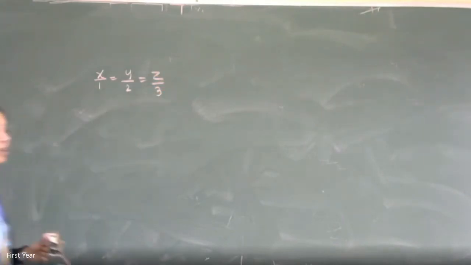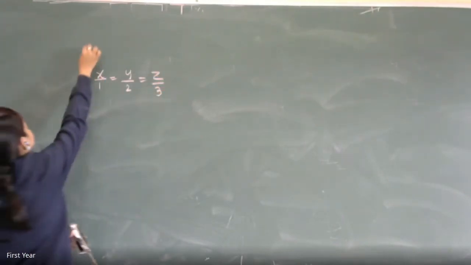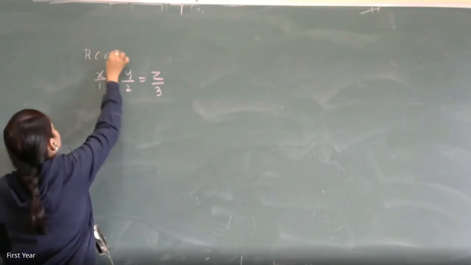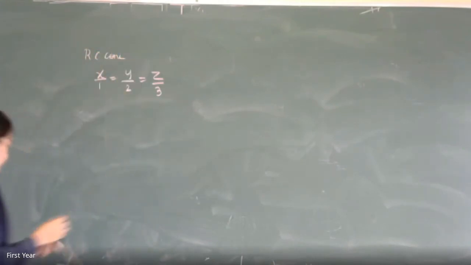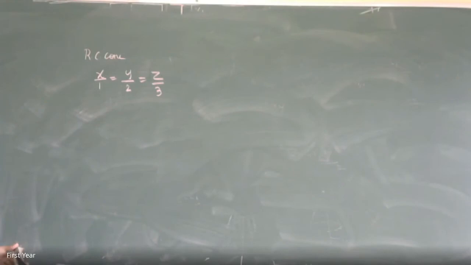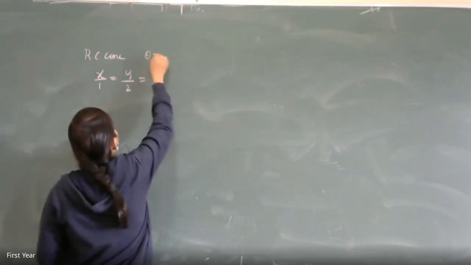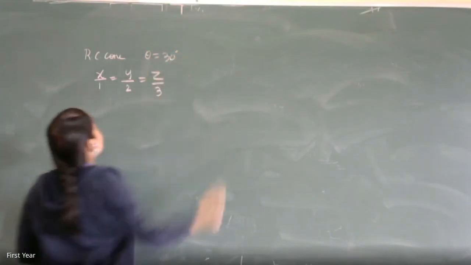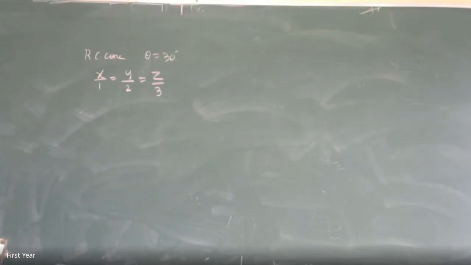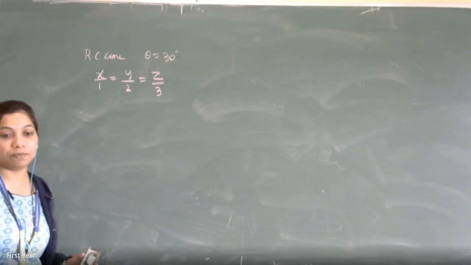I'll repeat the question. Find the equation of right circular cone with semi-vertical angle as 30 degree, and axis is the line x by 1 is equal to y by 2 is equal to z by 2.